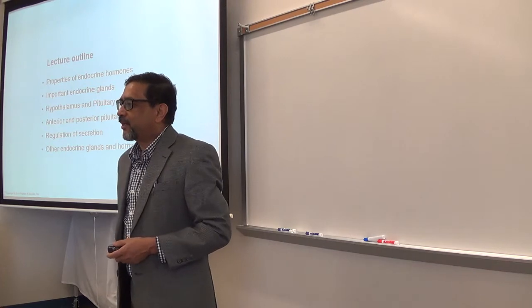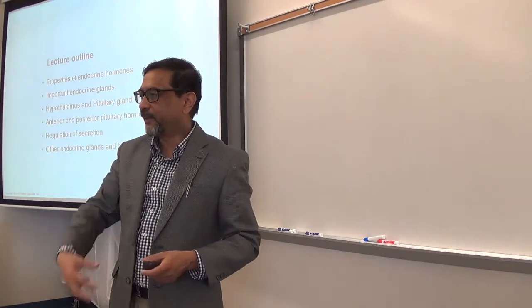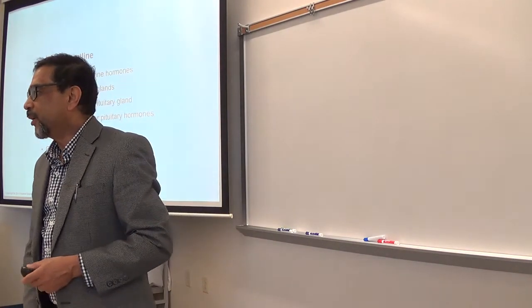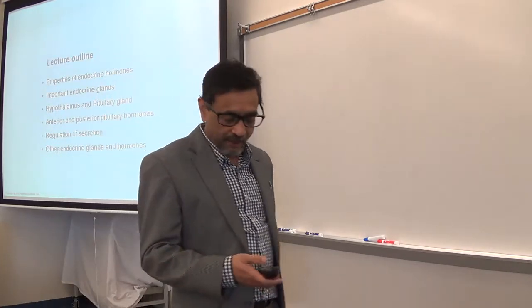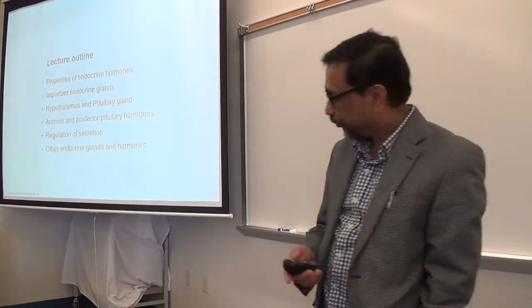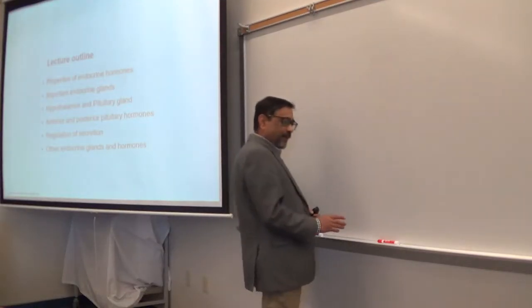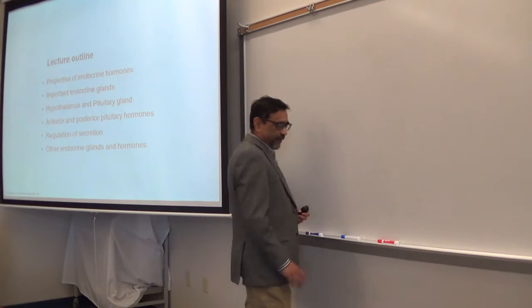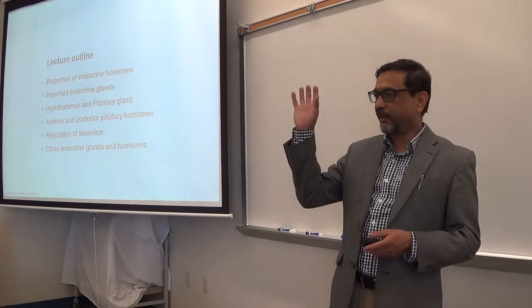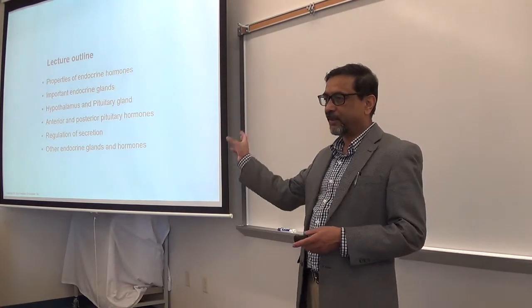Endocrine glands are located in different parts of your body. We'll see the important endocrine glands and their functions. First, there are two types of glands in your body. One is called the endocrine, another is the exocrine.